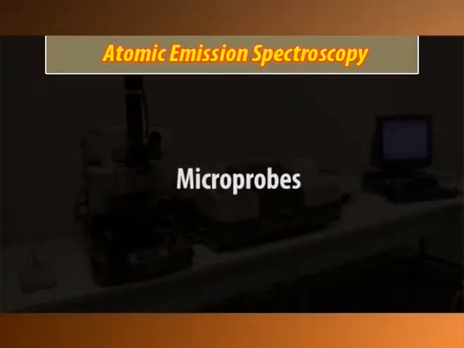Sparks contain high peak currents and power density, which results in the population of high energy electronic levels of atoms and also more extensive ionization than found in the arcs.